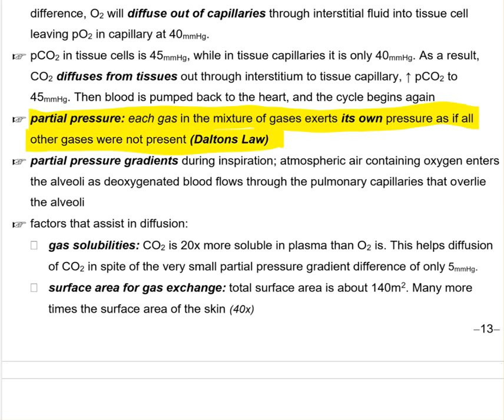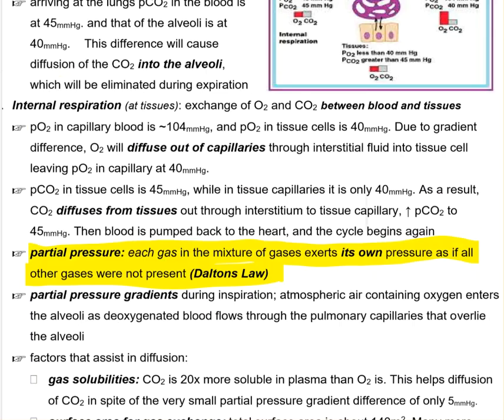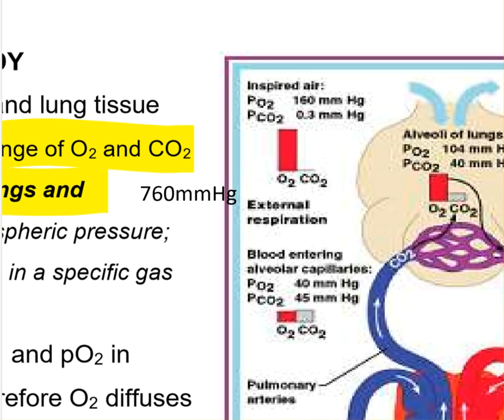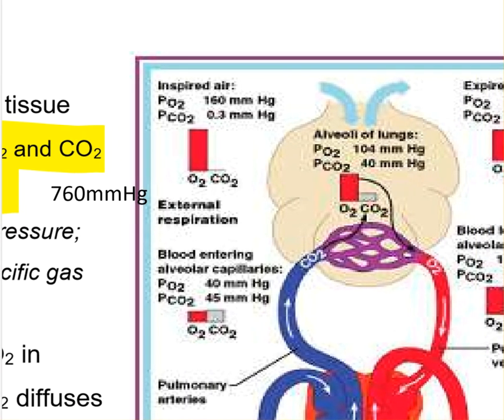So oxygen will move down its own concentration gradient or pressure gradient from high to low pressure regardless of what the other gases are doing. Okay? So if you have 160 outside, and there's only 104 in the lungs, oxygen will want to go into the lungs.